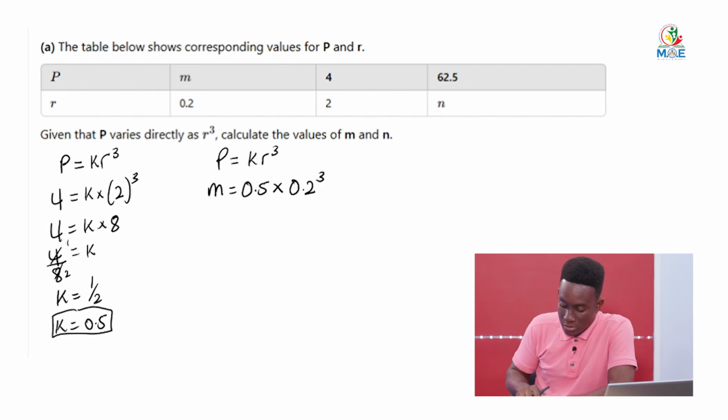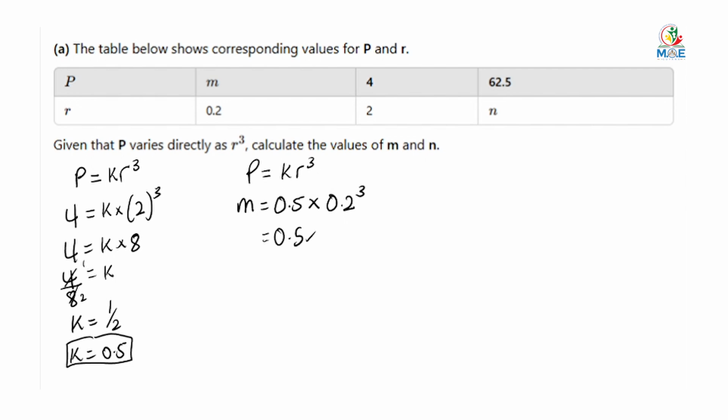So let's work that out. So 0.2 cubed will be 0.008. So when we multiply that by 0.5, we'll have 0.004. So when R is equal to 0.2, M is equal to 0.004. So we can say M is equal to 0.004.